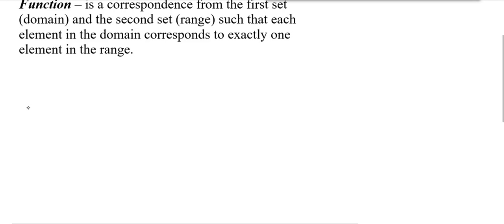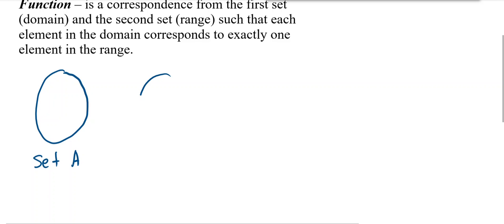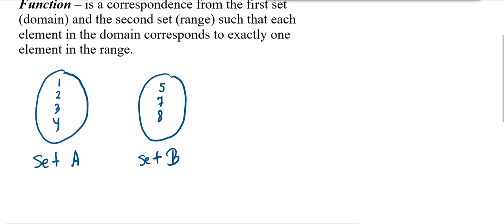Let's say, for example, I have a set here, set A, and I have a set B. Set A contains the elements 1, 2, 3, 4, and set B contains the elements 5, 7, and 8.